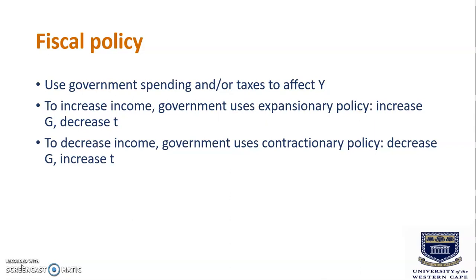For that reason we will then have an increase in the equilibrium level of income as a result of induced consumption spending. And of course, the opposite applies. So if government wants to reduce the level of equilibrium income, then the opposite of what I've just explained will take place.